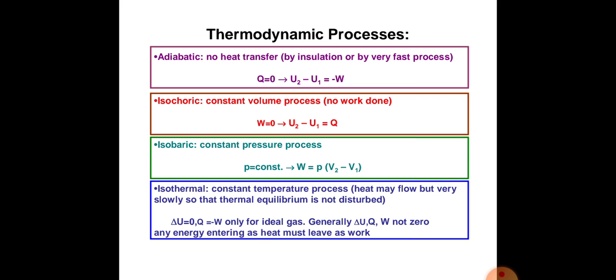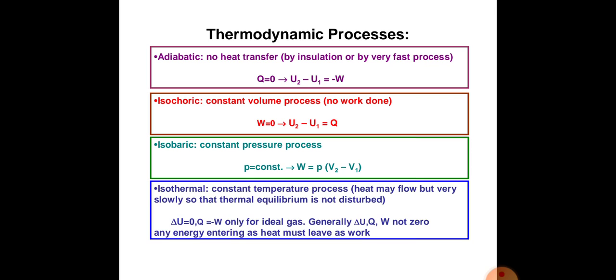Now moving forward, there are four types of thermodynamic processes. As I already told you, adiabatic process, in this there is no heat transfer, due to insulation or a very fast process, so the work done is negative and you get the value U2 minus U1.